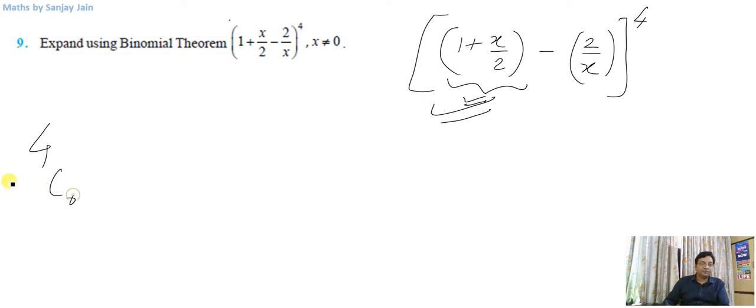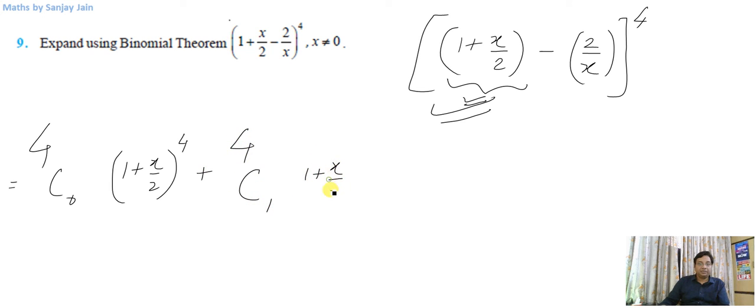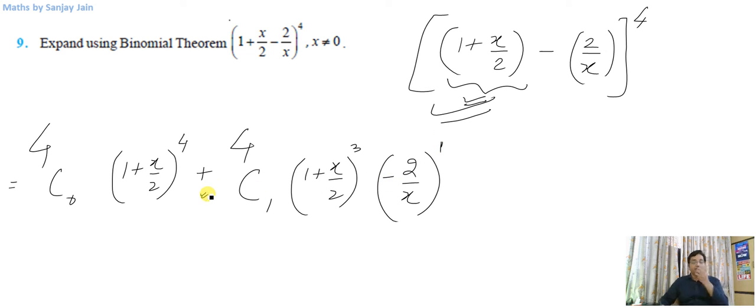4c0 (1 plus x by 2) raised to power 4, plus 4c1 (1 plus x by 2) raised to power 3 and minus 2 by x raised to power 1. Either you can convert this plus into minus directly, or you can write this term as minus 2 by x.